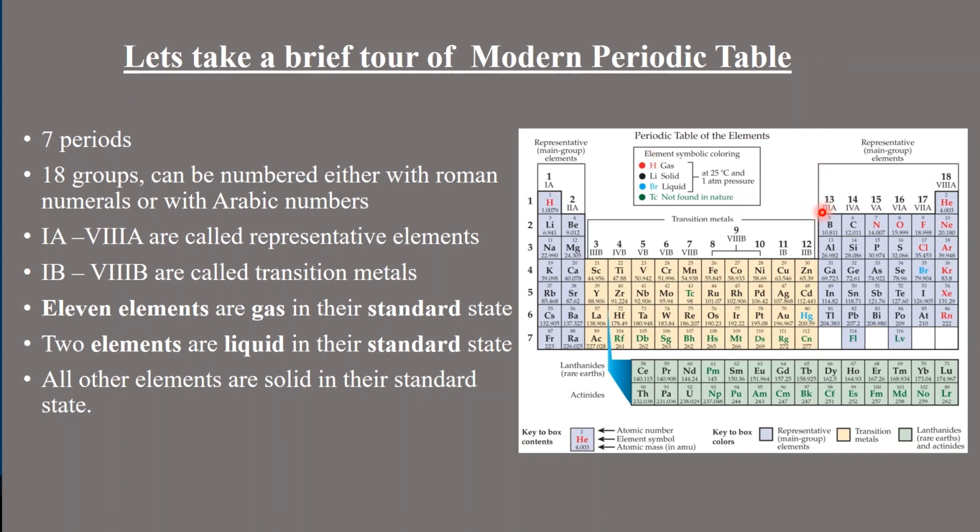There are 11 elements that exist in the gas phase in their standard state. All these 11 you can see in the red color. These are all gases. 2 elements are liquid in their standard state, bromine and mercury. All other elements are solid in their standard state.